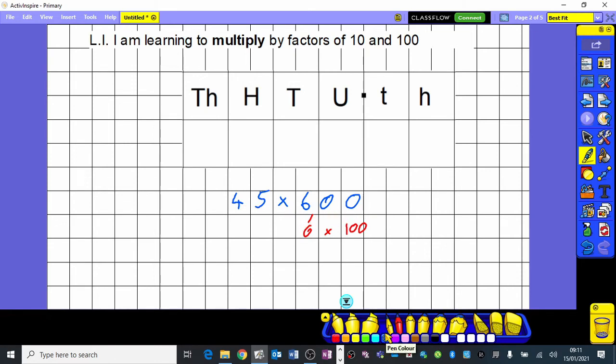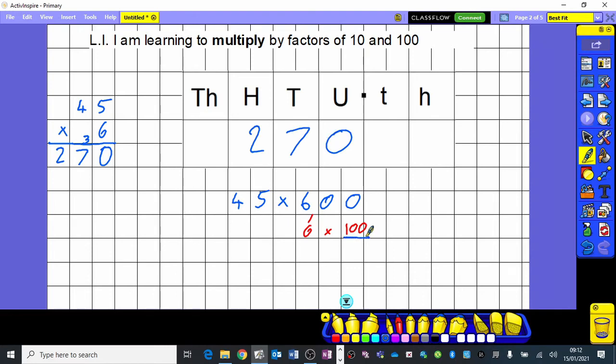So let's try that. 45 times 6. Well, 6 times 5 is 30. 6 times 4 is 24. Add on the 3, 27. So we have the answer 270.